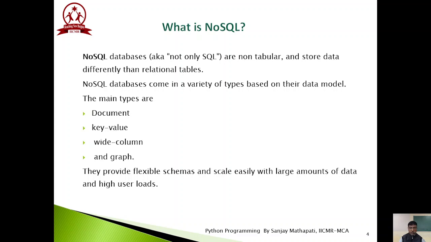A common misconception is that NoSQL or non-relational databases don't store the relationships between data well. No, they can store relationship data; they just store it differently than relational databases do.